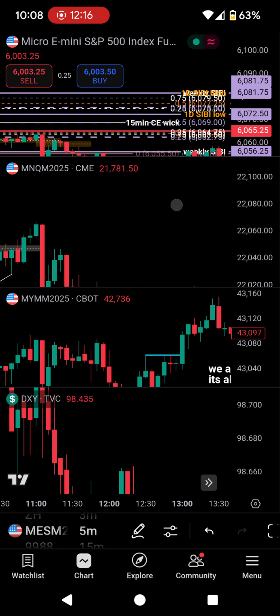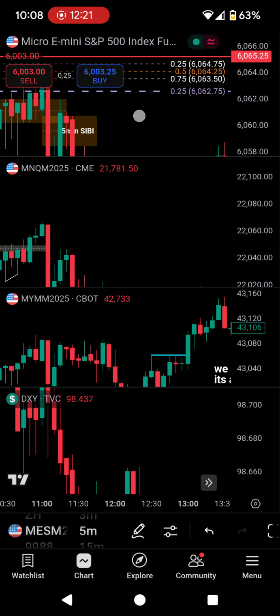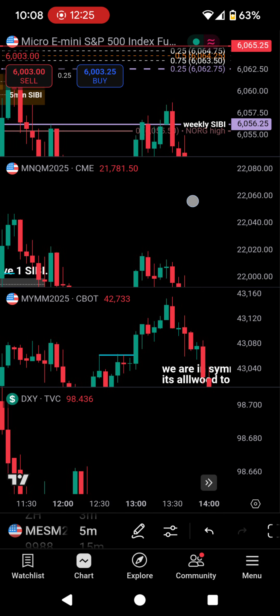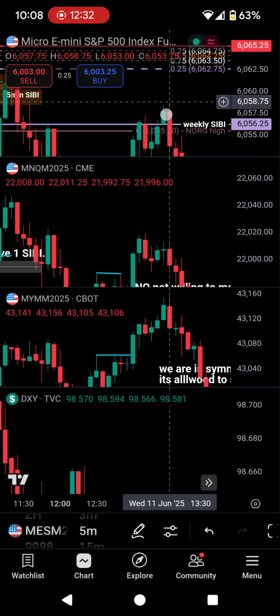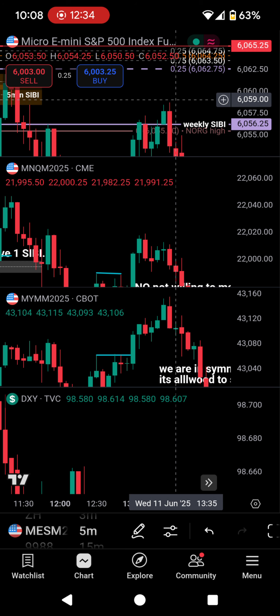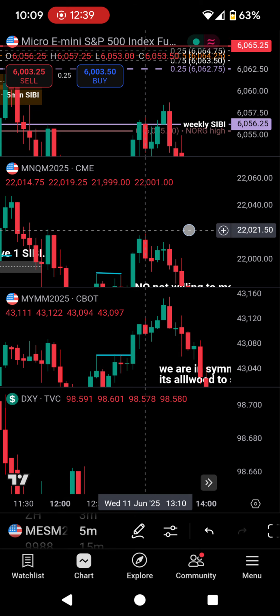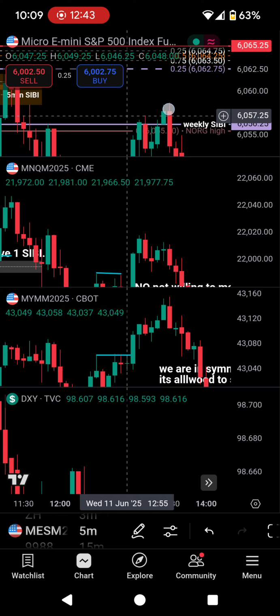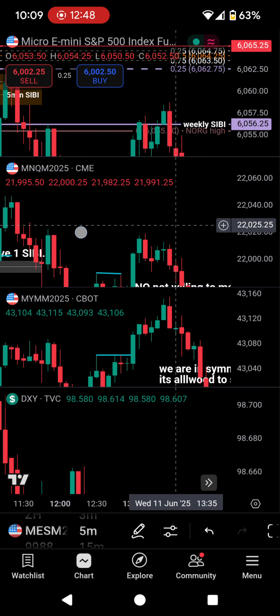I'm going to see if we have any SMT. Okay, here S&P higher high. Okay, watch this higher high. When Nasdaq at the same time forms two times lower high. So first is here and here, second is here and here.